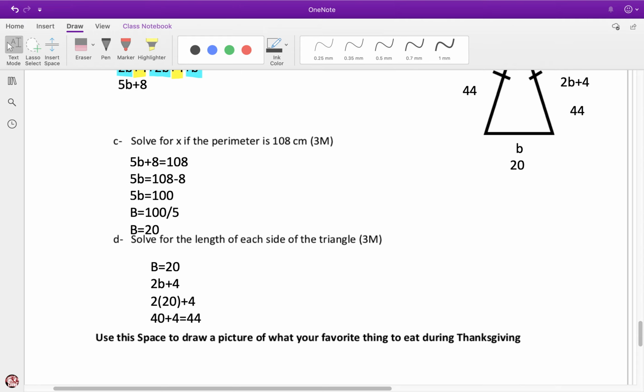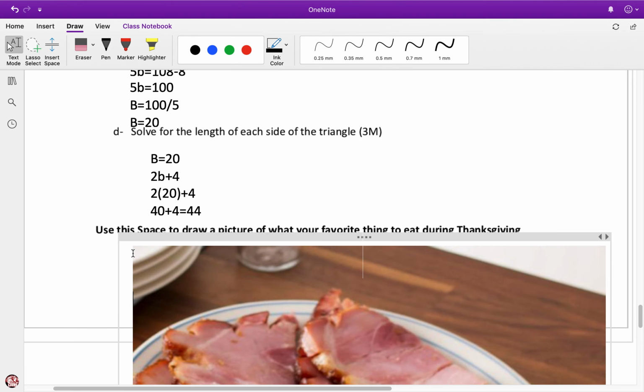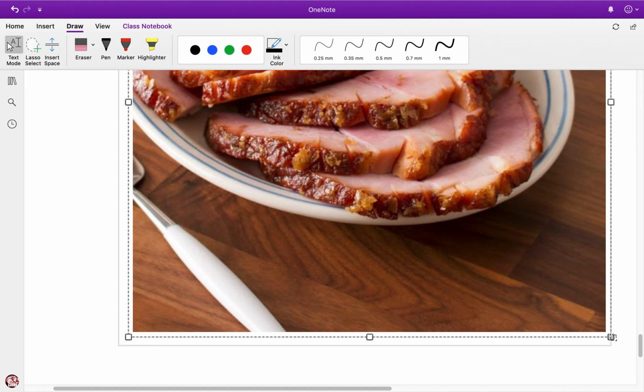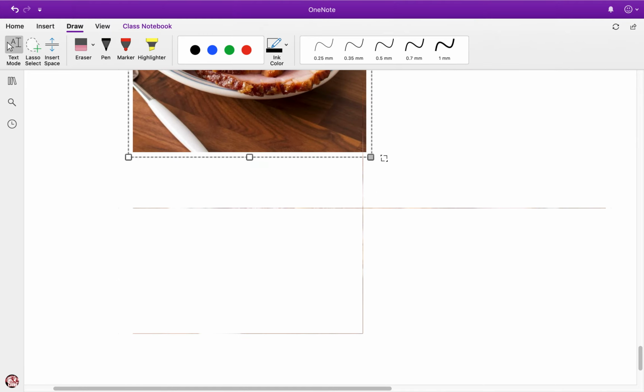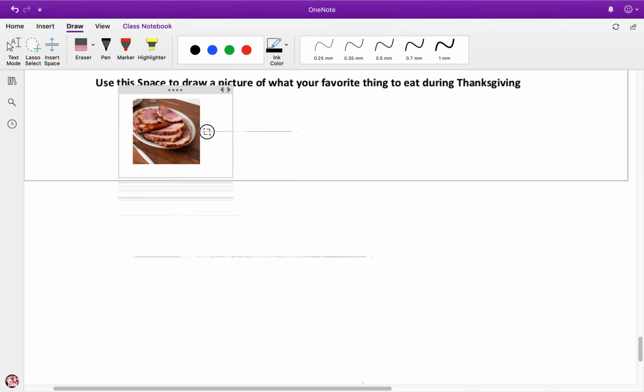Then my favorite food at Thanksgiving would have to be this. I know a lot of people drew turkey, but mine would have to be, oh, not that big a piece of ham. I'm more of a ham person than that.